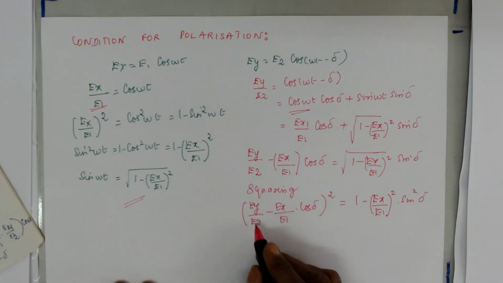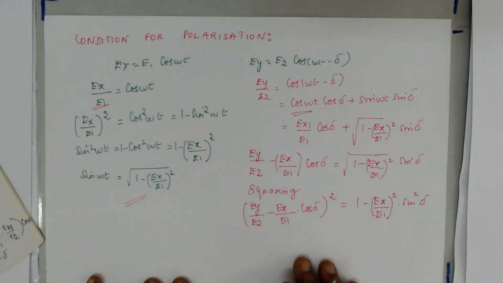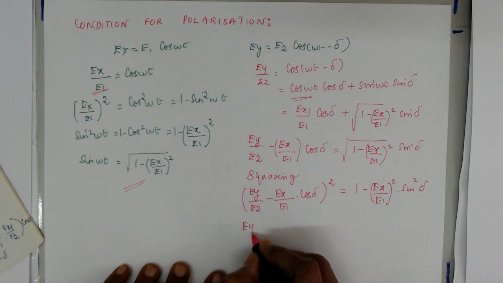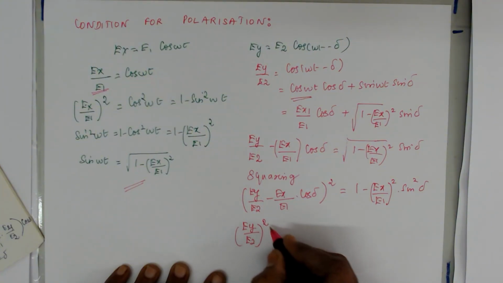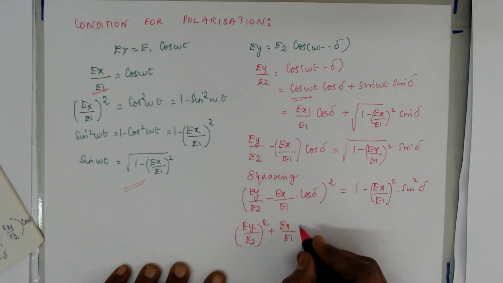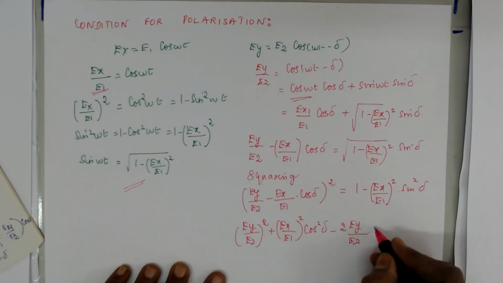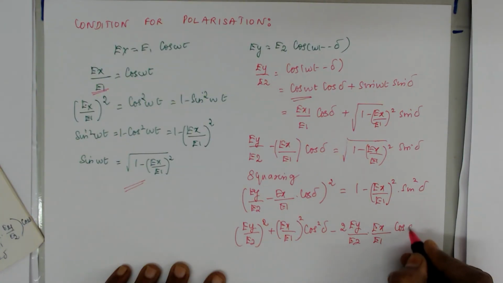This is of the form a minus b the whole square. Expanding using the formula, we can rewrite this as Ey divided by E2 the whole square plus Ex by E1 the whole square into cos square delta minus 2 into Ey divided by E2 into Ex divided by E1 into cos delta.